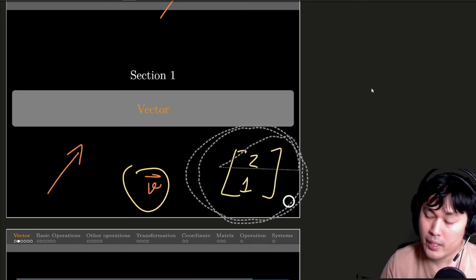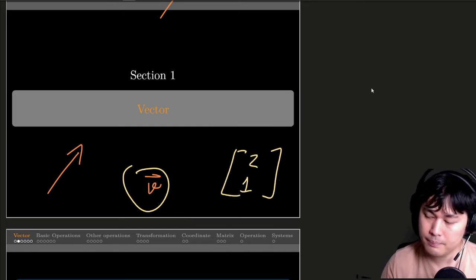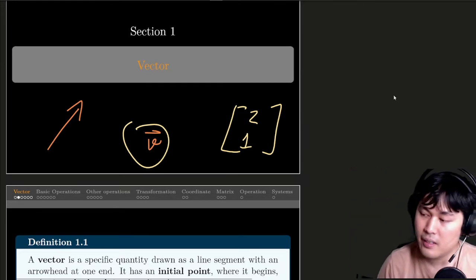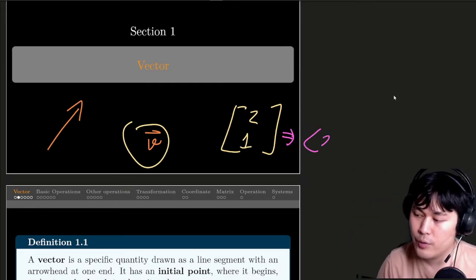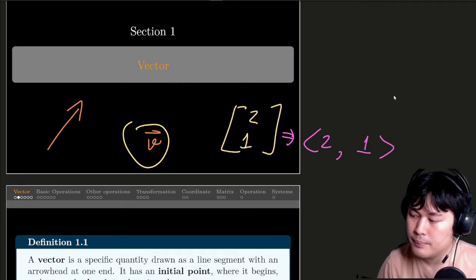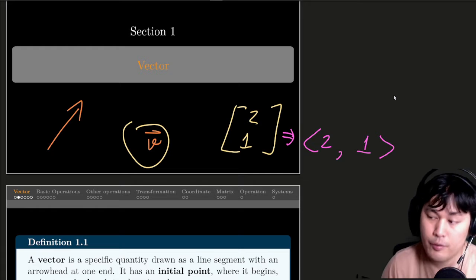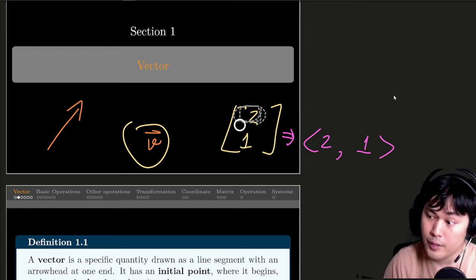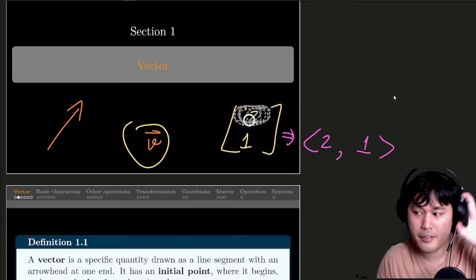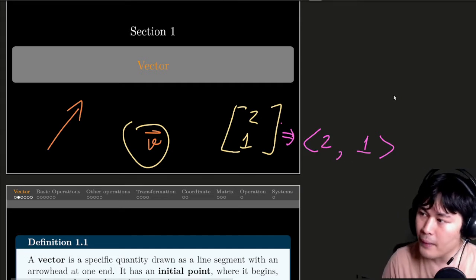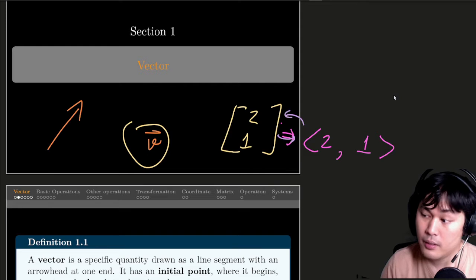And by the way, this is what they use in the clip. But at first, it is easier if you write in this form. So these two objects are the same. They both represent a vector, where the first component, or the first number, the first slot is 2, and the second slot is this one. We just write it in different ways.